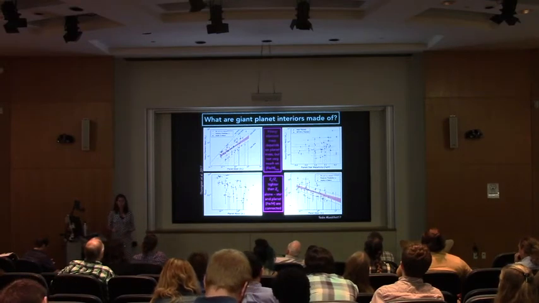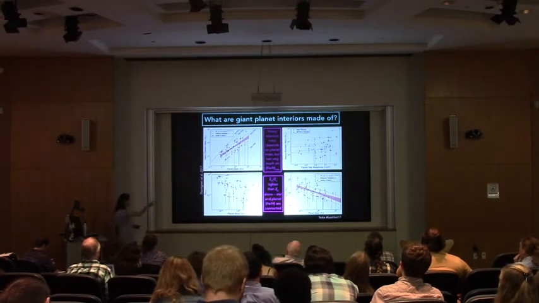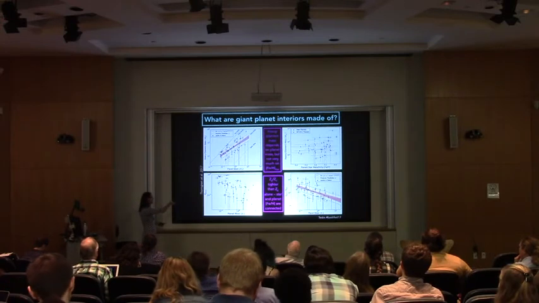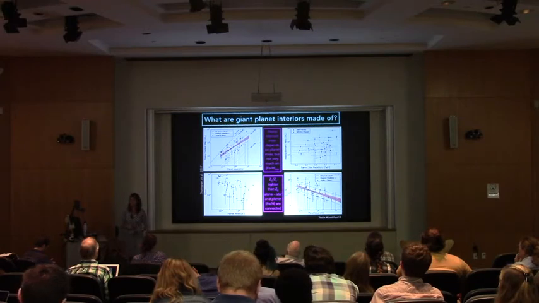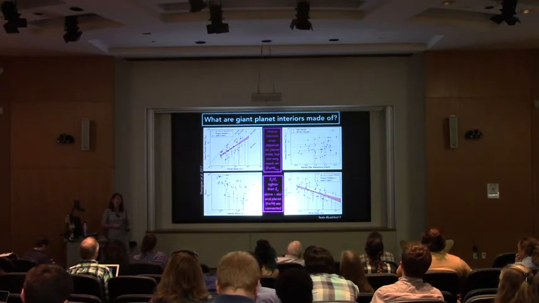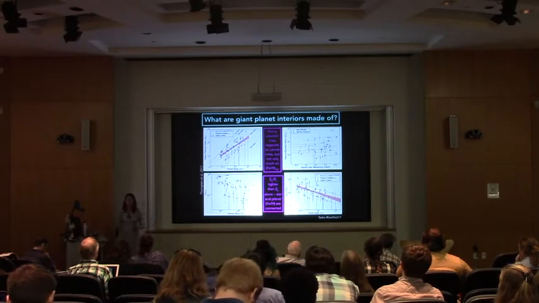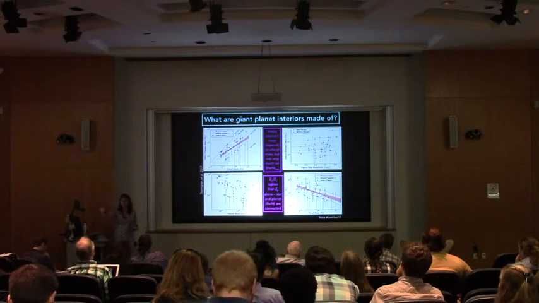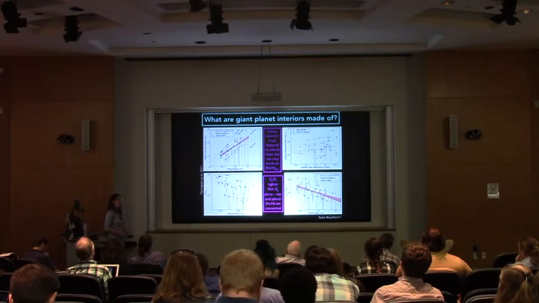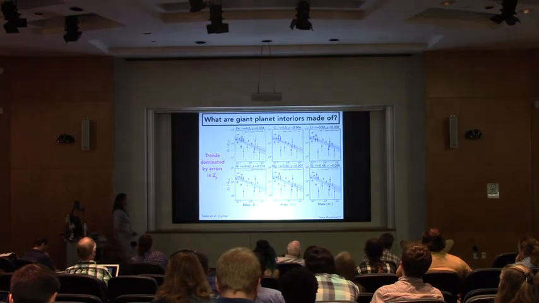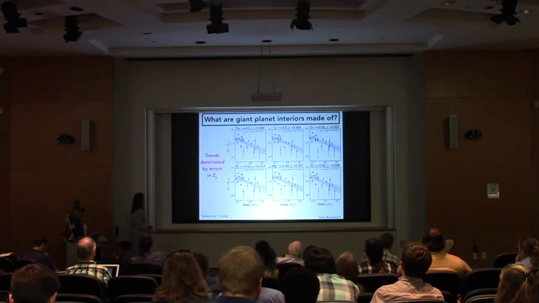And so we're very interested in whether or how the star's metallicity factors into how much heavy elements end up in giant planets in their interiors. So we're looking at other elements besides just iron, because there's no real reason to assume that giant planet interiors would have a lot of iron. If they're forming far out in the disk, maybe they would be dominated by water ice or carbon ice of some kind.